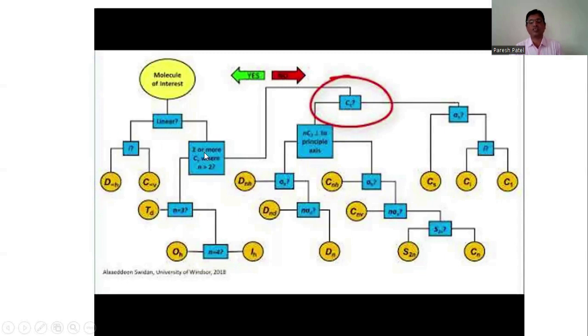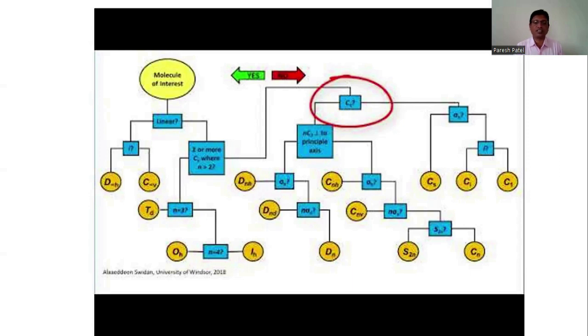If our molecule is non-linear, then we have to ask: are any multiple higher order axes present? What is the meaning of multiple higher order axis? Multiple means a minimum of 3, and the minimum order is 3. It means 3C3 is the minimum criterion to be a multiple higher order axis.